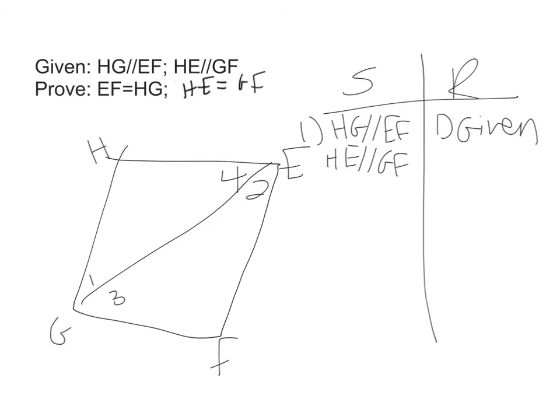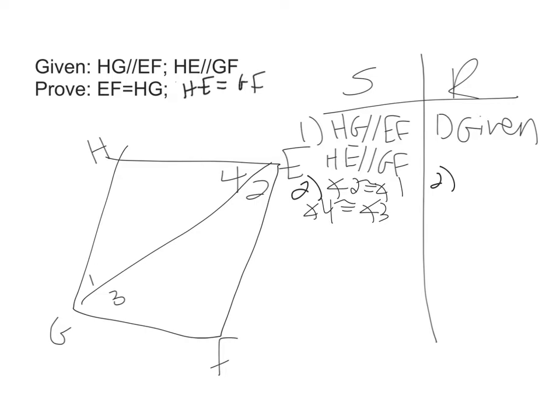So now we're going to do a proof. We have two lines. We're starting with the opposite lines being parallel, and we're trying to prove that the opposite sides are congruent. First, I'm going to say I know that angle 2 is congruent to angle 1, and angle 4 is congruent to angle 3.